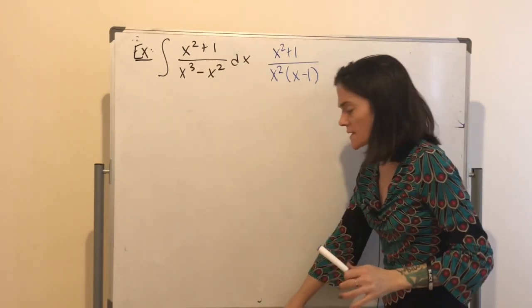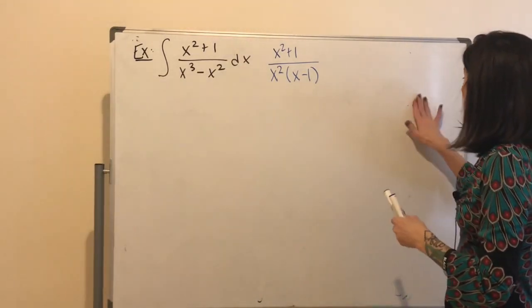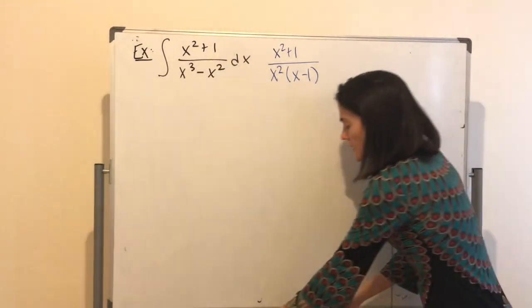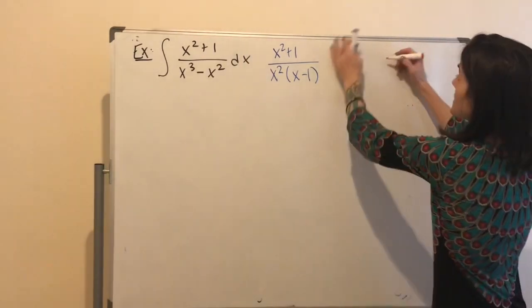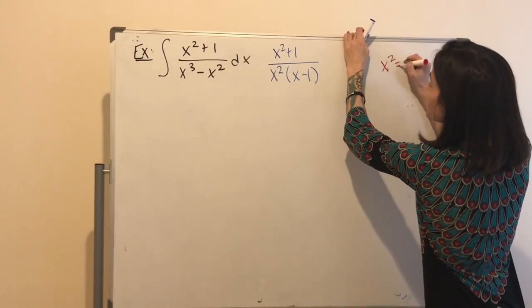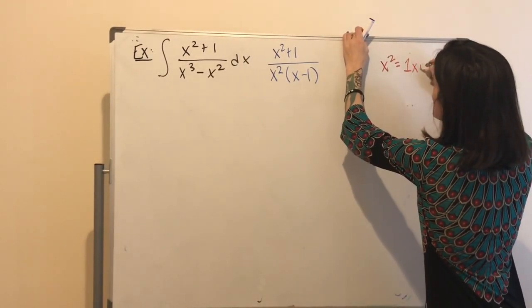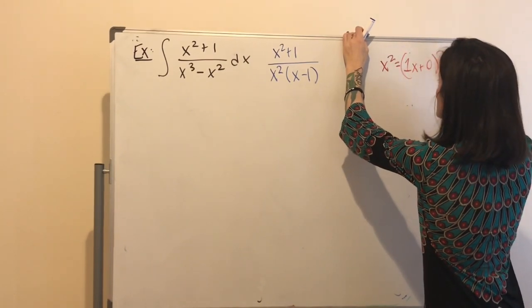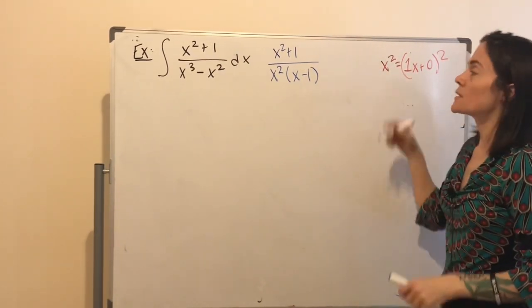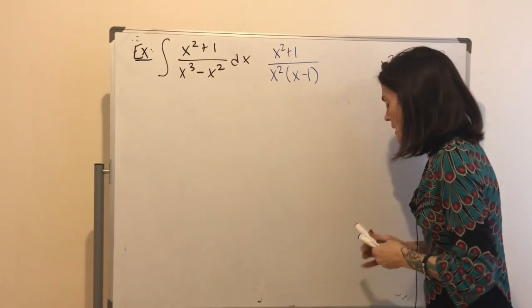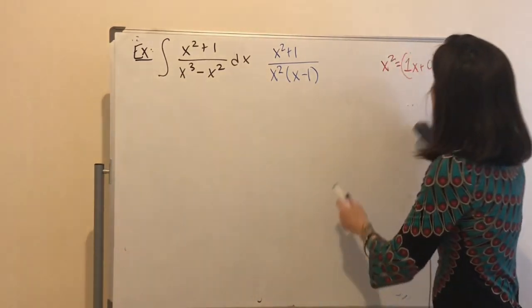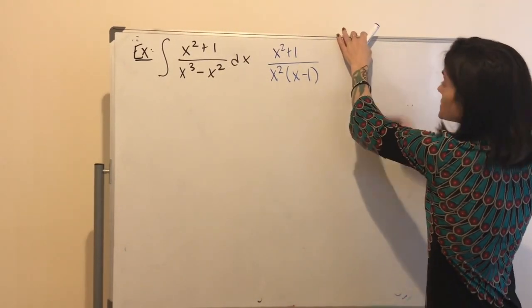If you wanted to match it up to how I wrote repeated linear, you could think about it this way, that x squared is 1x plus 0 squared, right? This is really a repeated linear. Okay, so maybe I will erase this comment. It was just a side comment.